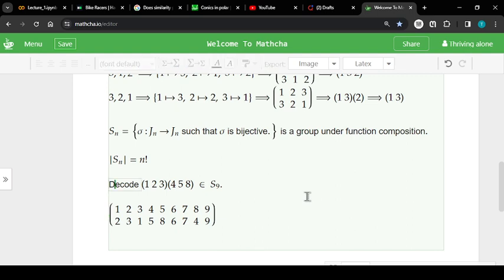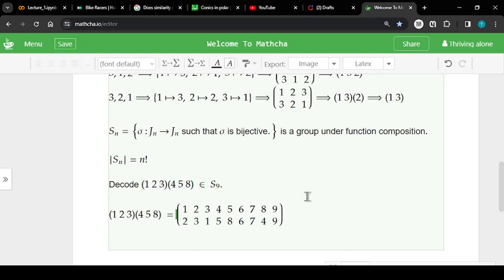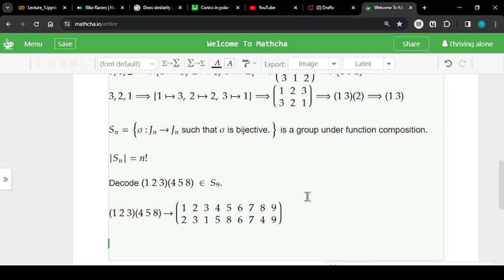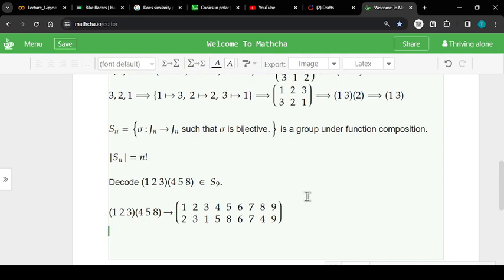These two are just equivalent. These are just notation, nothing more. So don't get confused.